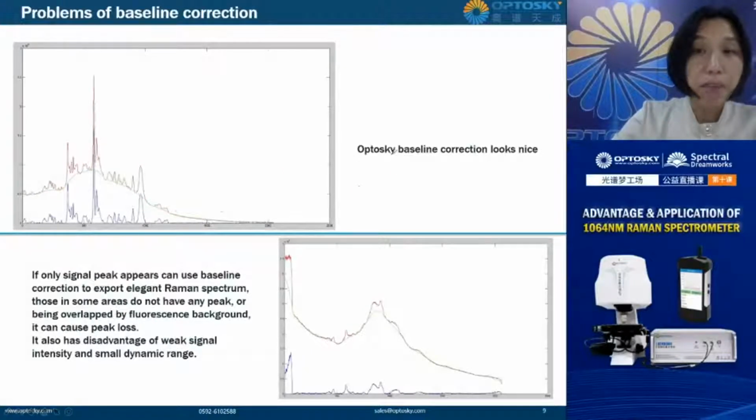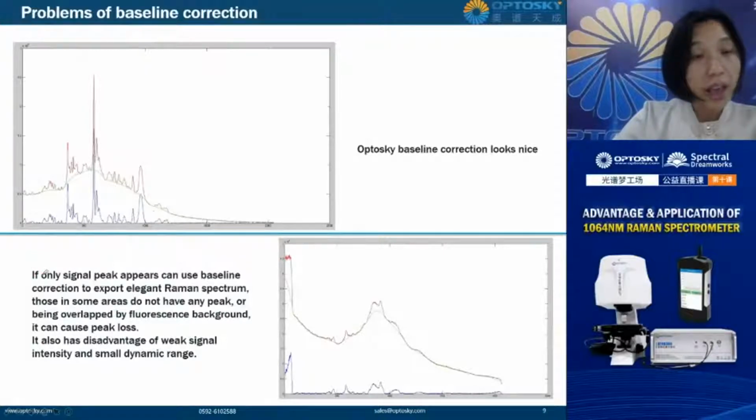After Optosky baseline correction removes the background fluorescence, you can see the blue Raman signal. The curve is distinctive and good.